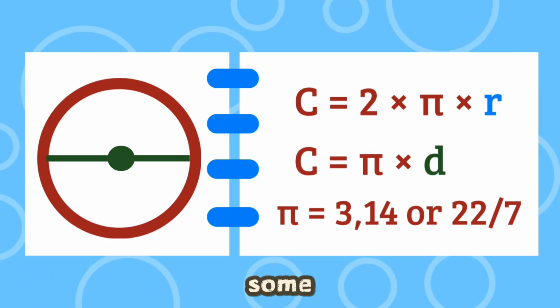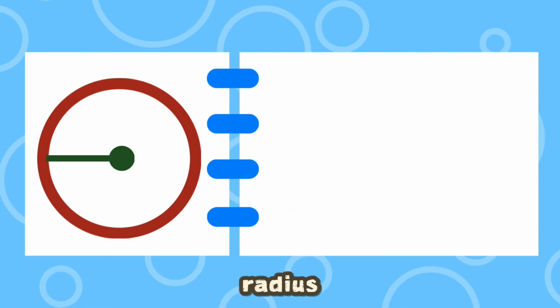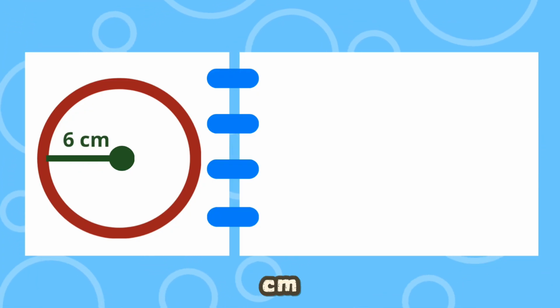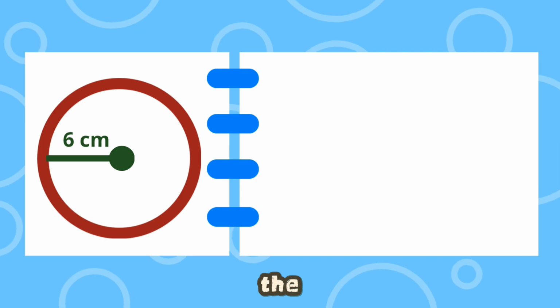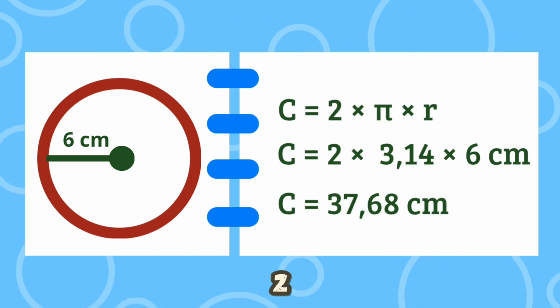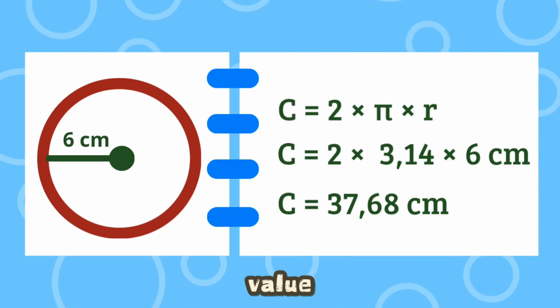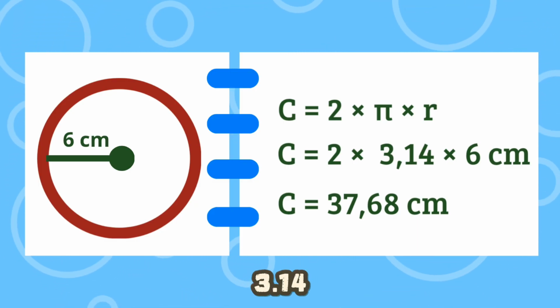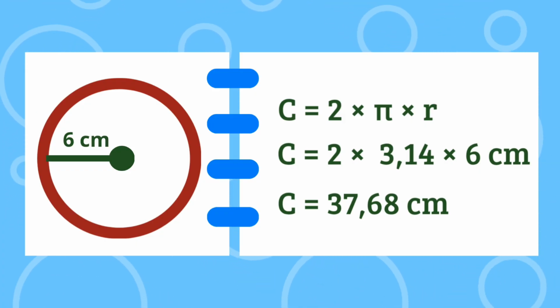Let's look at an example. The circle has a radius of 6 centimeters. To calculate its circumference, we can use the formula: circumference equals 2 times pi times the radius. The value of pi is 3.14 and the radius is 6 centimeters.